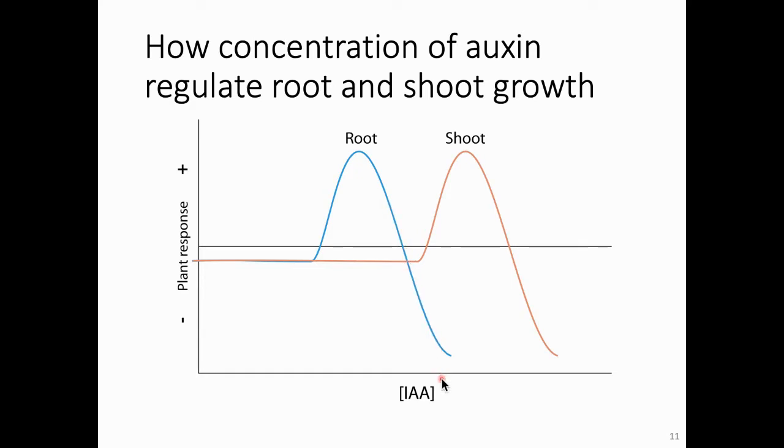If you look closely at this position, at this concentration, the root will not respond very well. It means auxin will inhibit cell elongation if you use the high concentration. But at the same concentration right here, the shoot will respond in the positive way.